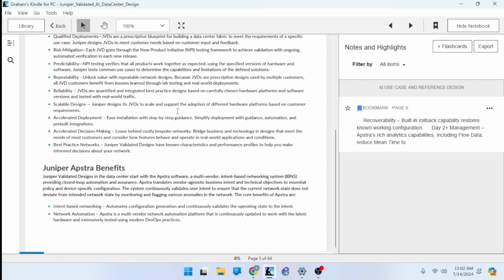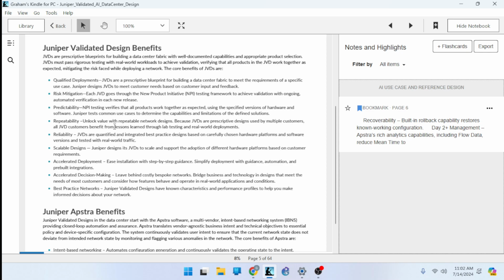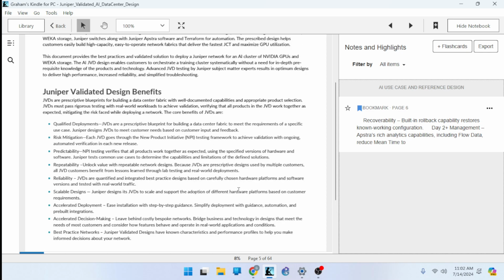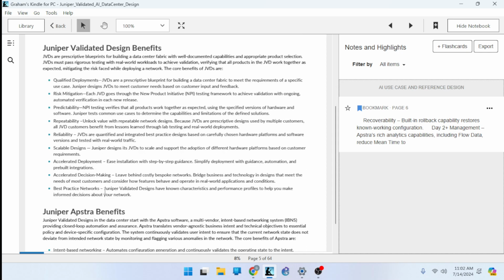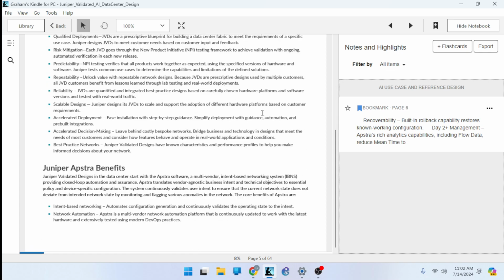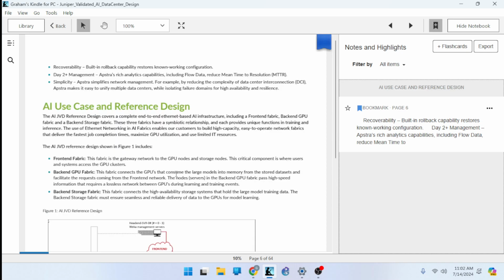I'm pretty sure I made it past this, and I know that I read about JCTs. Yeah, I know I read this part, but I don't remember reading any of this part. You know what? I guess I kind of remember it more now.